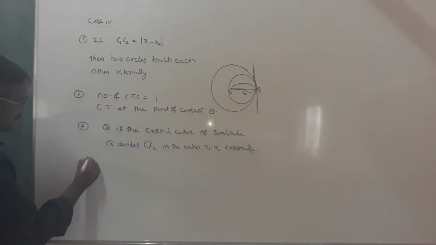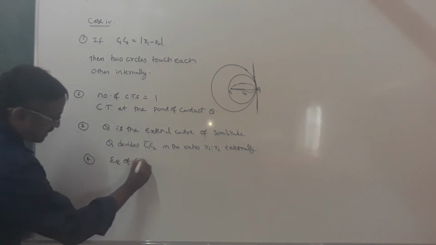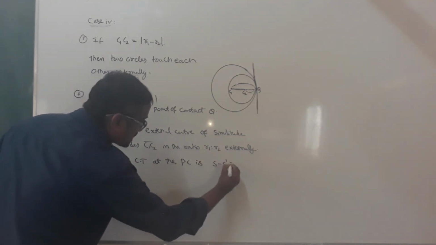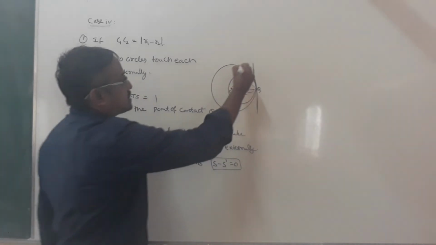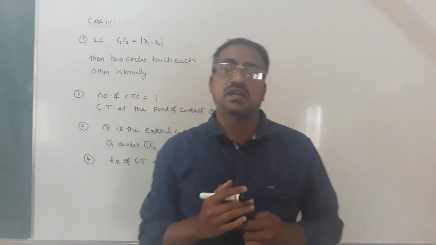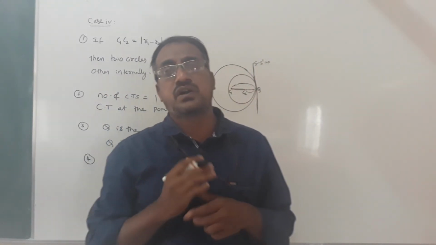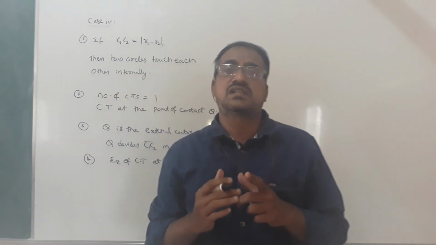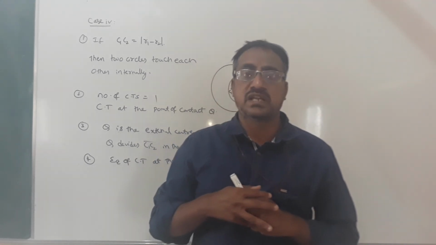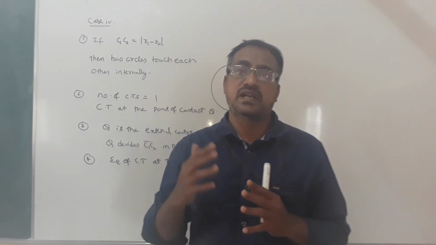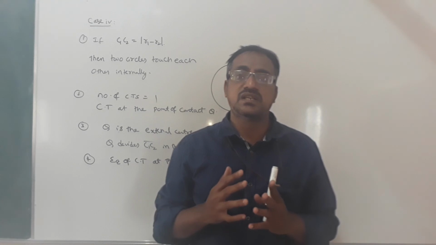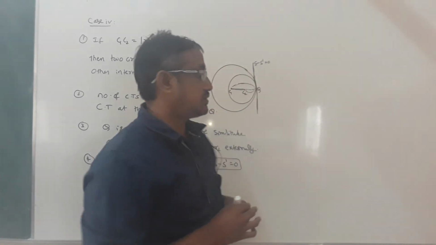And the equation of the common tangent at the point of contact is S minus S dash is equal to 0. Very, very important concept. So if two circles touch each other internally, then C1 C2 is equal to mod R1 minus R2, the number of common tangents is 1, and the equation of the tangent at the point of contact is S minus S dash equal to 0.